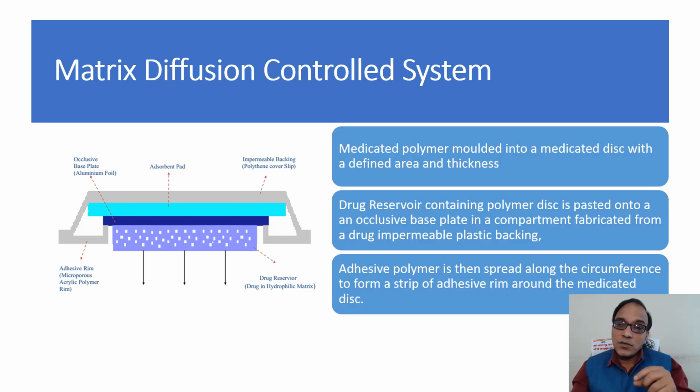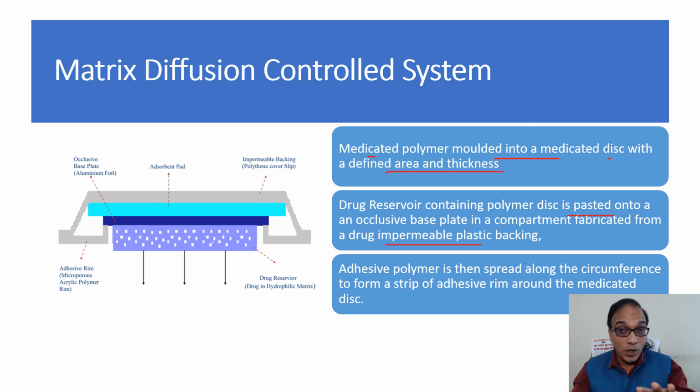The next step is that the medicated polymer which you have prepared is molded into a medicated disc with a defined area and thickness. The drug reservoir containing the polymer disc is pasted onto an occlusive base plate in a compartment fabricated from a drug impermeable plastic backing.